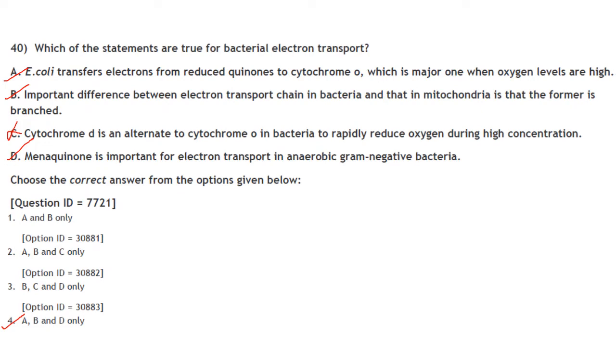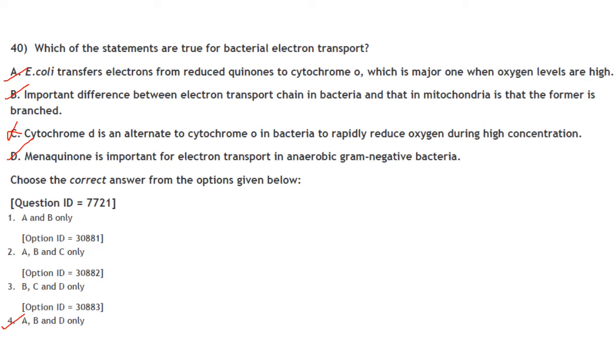Then next one. Which of the following statements are true for bacterial electron transport? So E. coli transfer electrons from reduced quinones to cytochrome O, which is the major one when oxygen levels are high. And okay, that's correct. Then an important difference between electron transport chain in bacteria and that in mitochondria is that the former is branched.